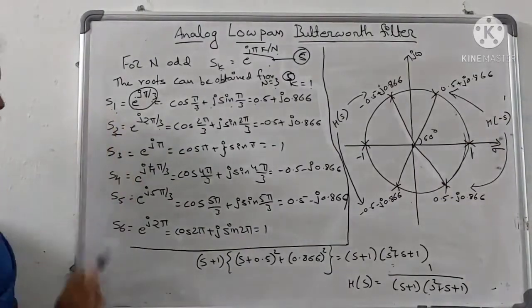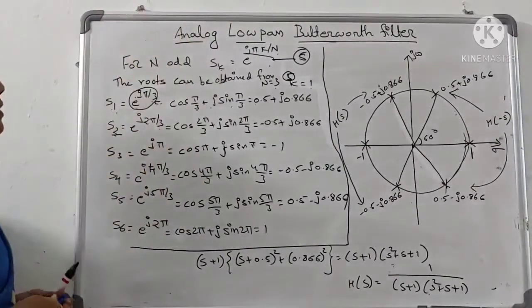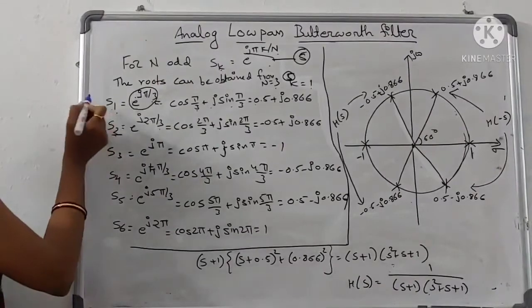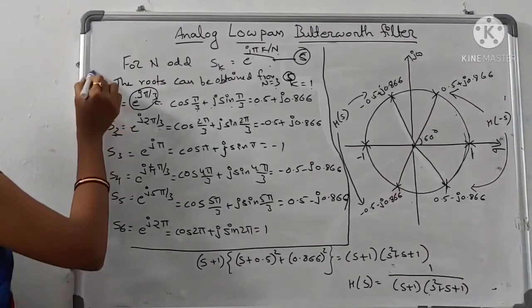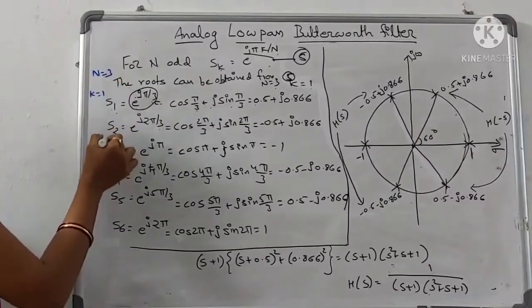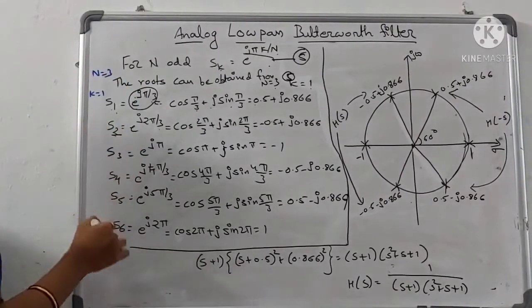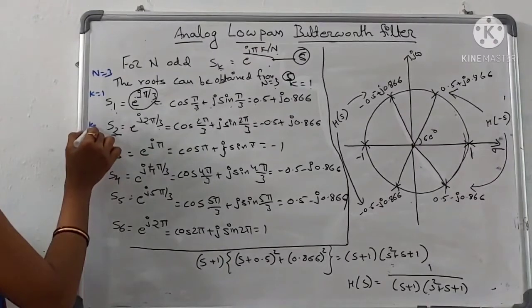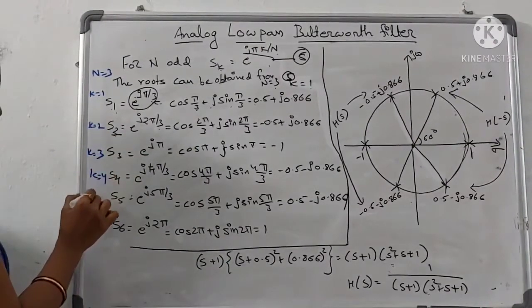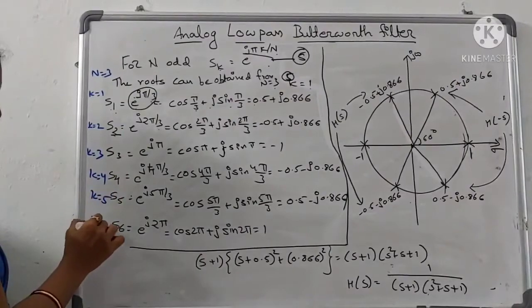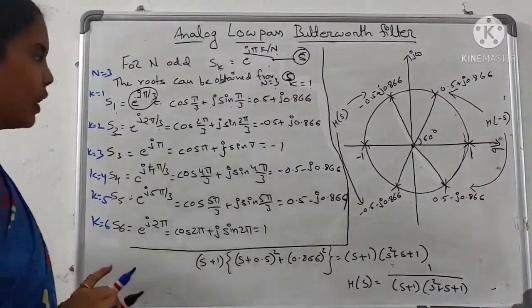In the same way, for k is equal to 2, n is equal to 3. Here n is common, n is equal to 3 for all the values of s, and k is equal to 1, 2, 3, 4, 5 and 6.